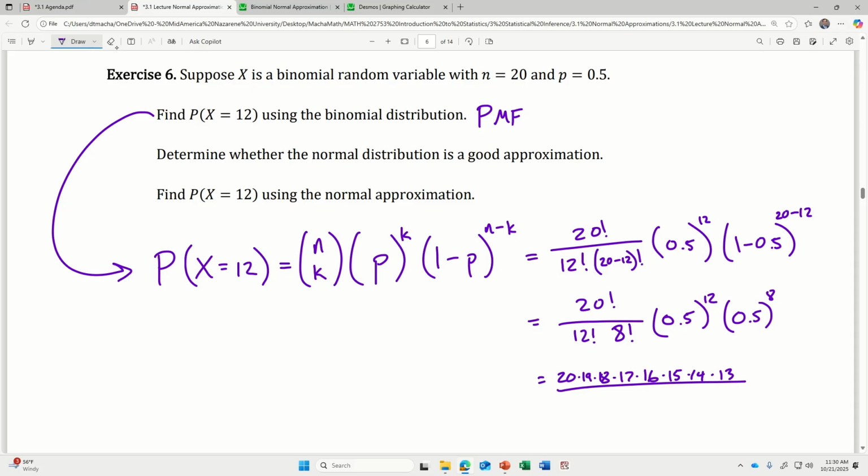And 8 factorial is 8 times 7 times 6 times 5 times 4 times 3 times 2. And then 0.5 to the 12th power times 0.5 to the 8th power is 0.5 to the 20th power.